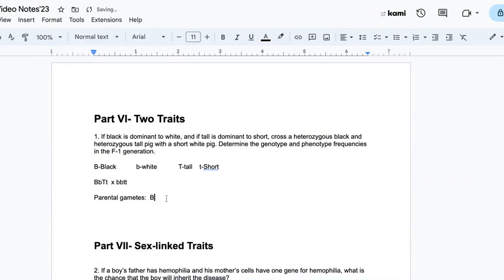And so we could have big B, big T in one sex cell. We could have big B, little t. We could have a little b and a big T, or a little b and a little t. The other parent only has little b's and little t's, so they can only make one type of sex cell, little b, little t.